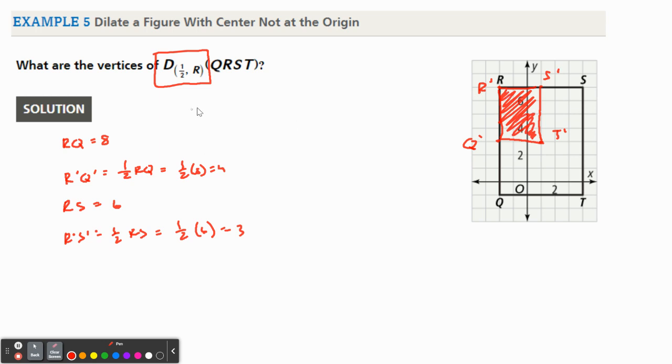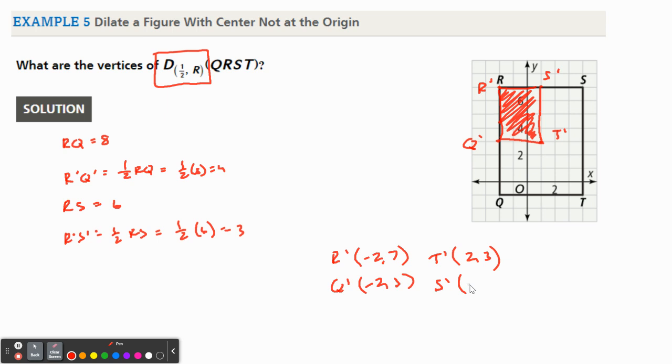So it is not impossible to do dilations other than about the origin. Now it does want the vertices, so I'll quickly label them, right? So R prime is still going to be at -2, 7, same place as R. Q prime is going to be at -2, 3. T prime is at 2, 3.